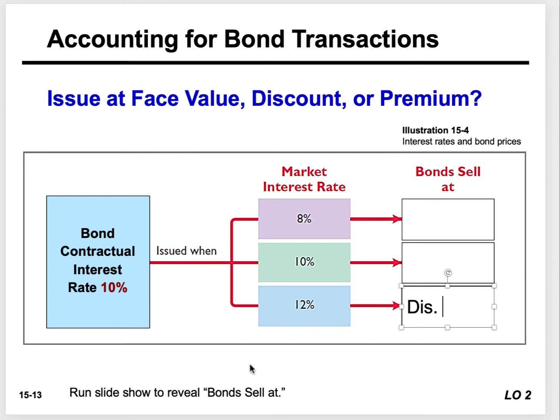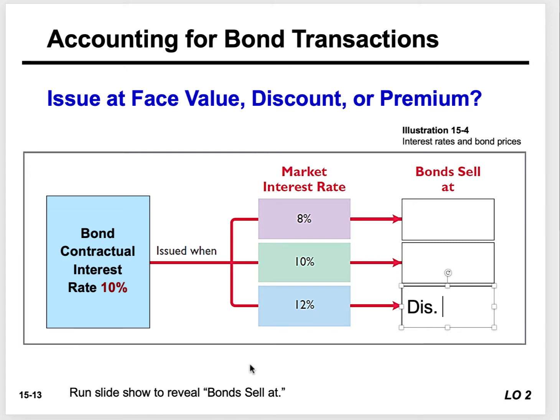Think about it. I'm issuing bonds. I stated that I'm going to give you 10%. You guys are savvy investors. You realize that you can give me $1,000 and earn a return of 10% because I'm paying you 10% on the face amount, or you can go find another bond that has a stated rate of 12%.